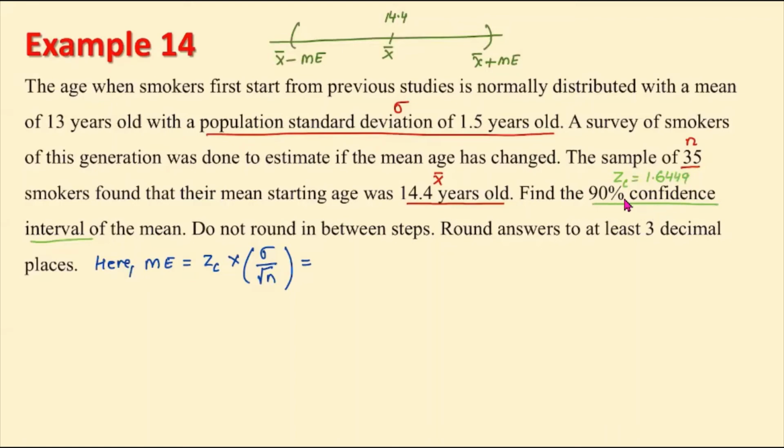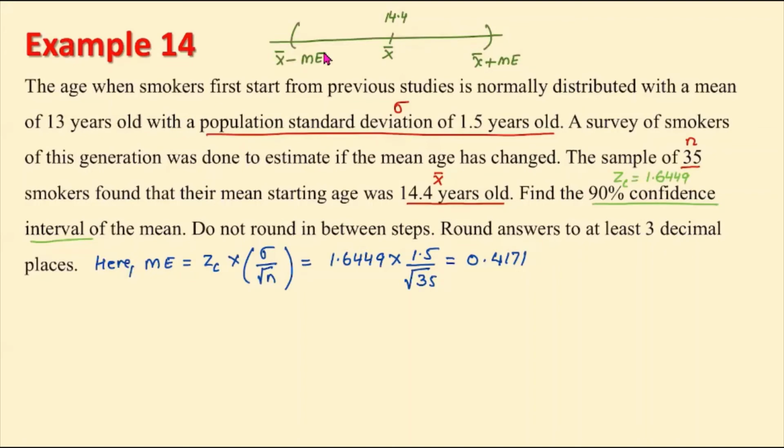If you need to review how we get this value, you can go back and watch example 1. But here we are just going to use that value. So that is 1.6449 times 1.5, the population standard deviation, divided by the square root of the sample size, the square root of 35, which will be 0.4171.